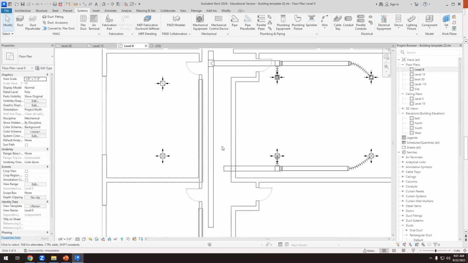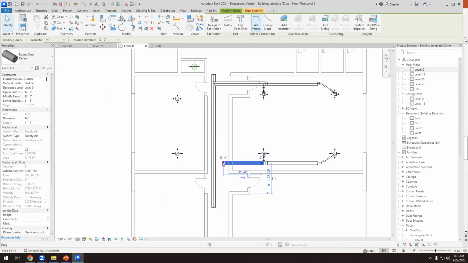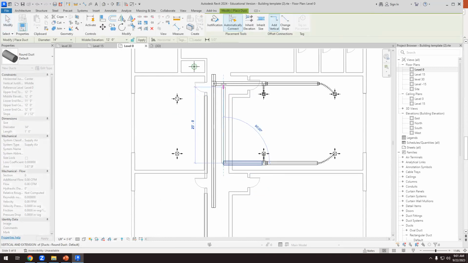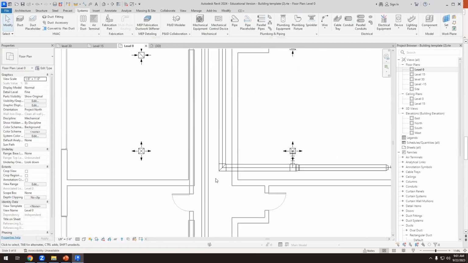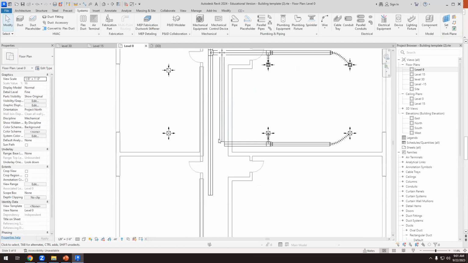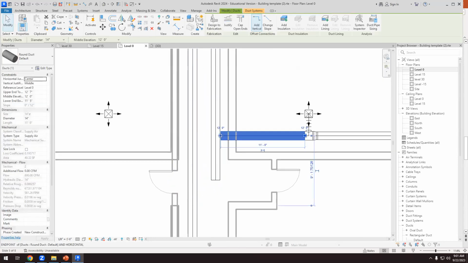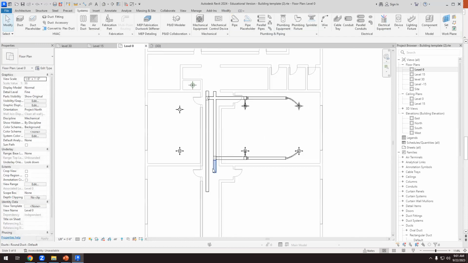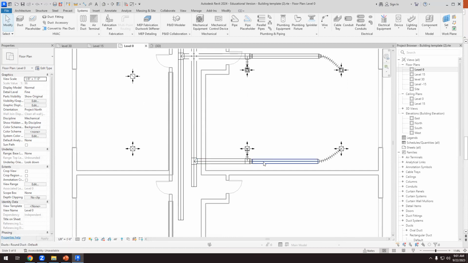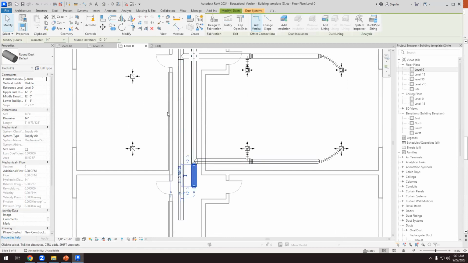But now here we need the supply line. If we draw that, we do this, and that's the conflict that we have to avoid. So we have connected supply and supply.